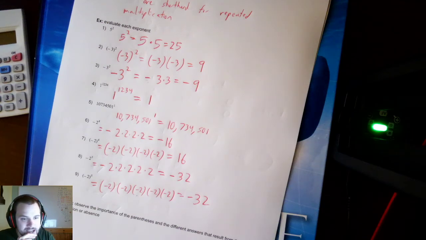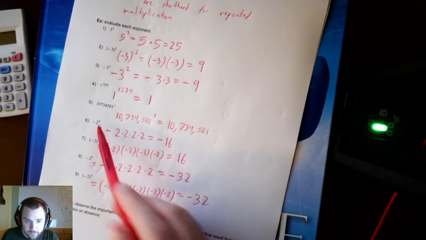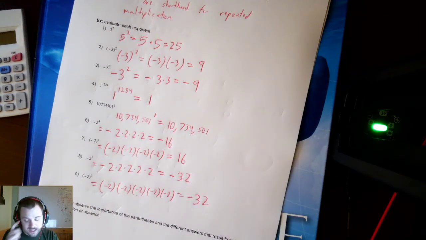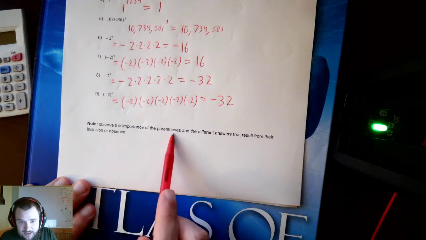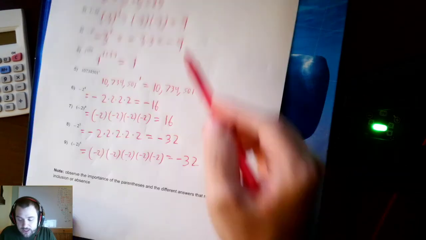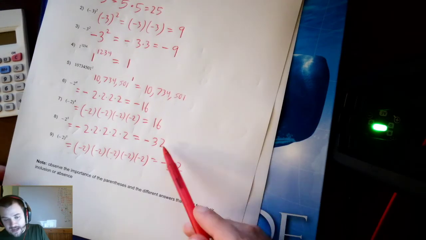But think about it for the time being. Why did I get different answers when the power was 4, but the same answers when the power was 5? Good to think about. And then note, observe the importance of the parentheses and the different answers that result from their inclusion or absence. Sometimes we get different answers. Think about it. Why do we get different answers? How come we got the same here?